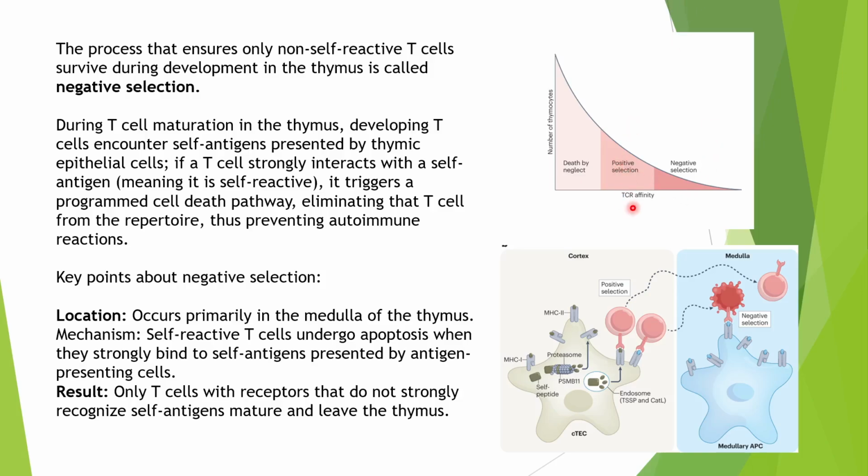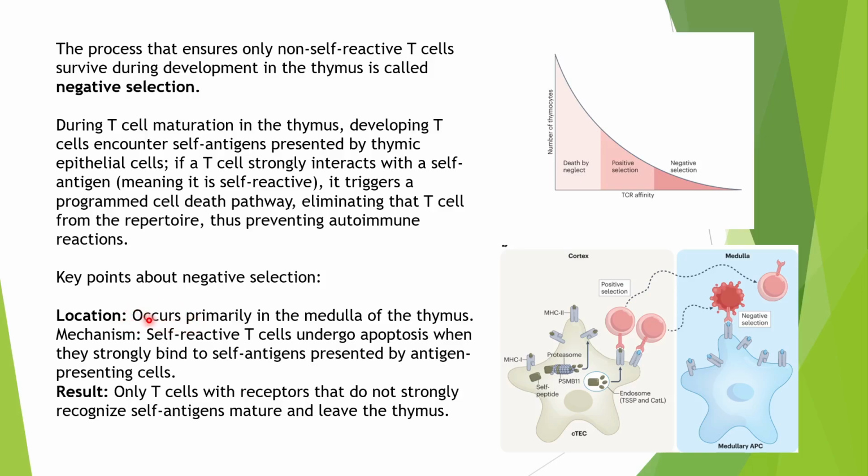So both in positive and negative selection, your T cells will be selected. Here you can see that selection, both positive and negative, occurs at different regions. Your positive selection occurs at the cortex and your negative selection occurs at the medullary region.